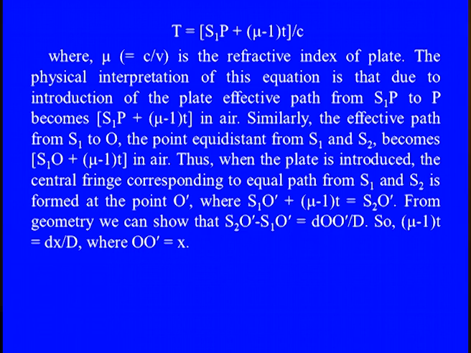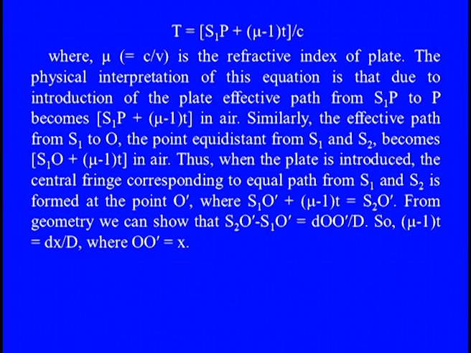Similarly, the effective path from S1 to O, the point equidistant from S1 and S2, becomes S1O plus (mu minus 1) t in air. Thus, when the plate is introduced, the central fringe corresponding to equal paths from S1 and S2 is formed at the point O prime, where S1O prime plus (mu minus 1) t equals S2O prime.